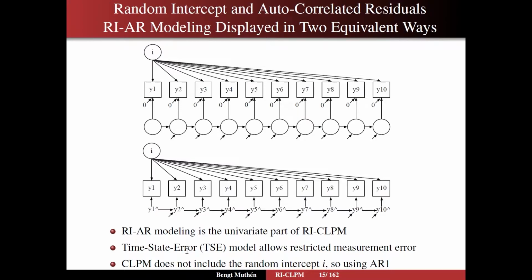On slide 15 we have a totally different model. We still have a random intercept, but the autoregressions are not among the y's, but among these latent variables, which we think of as residuals between what's predicted in y by I and the actual y value. And what we've done in the past then is to create so-called within level factors here.